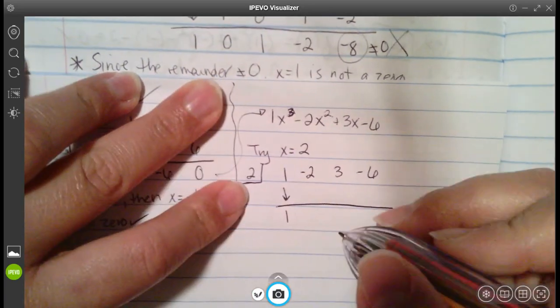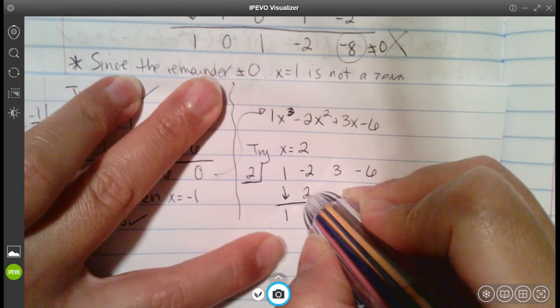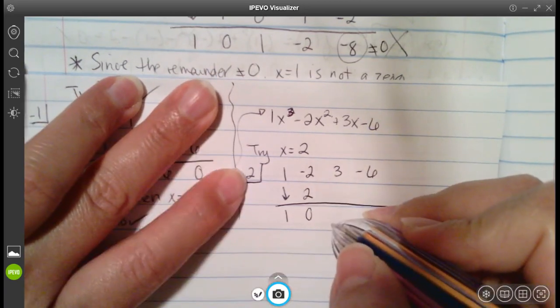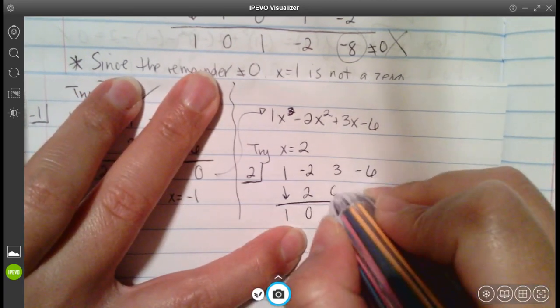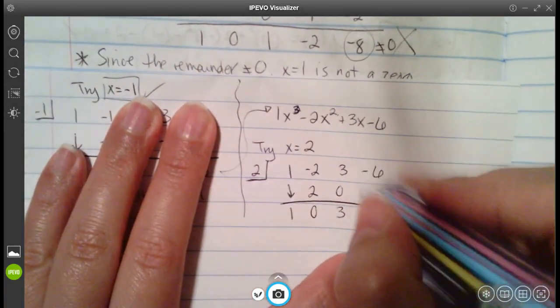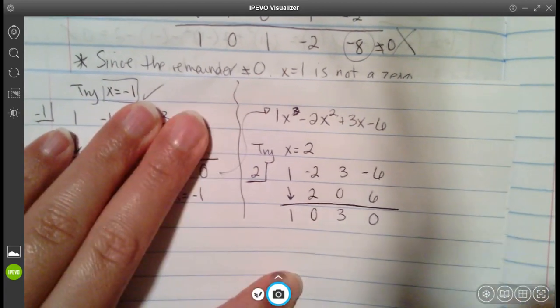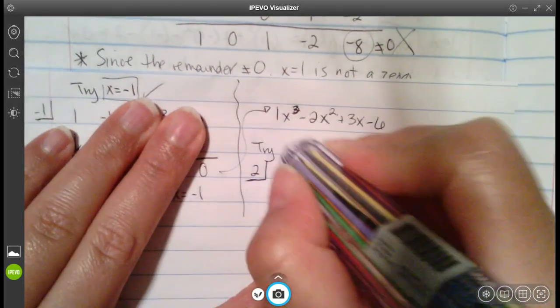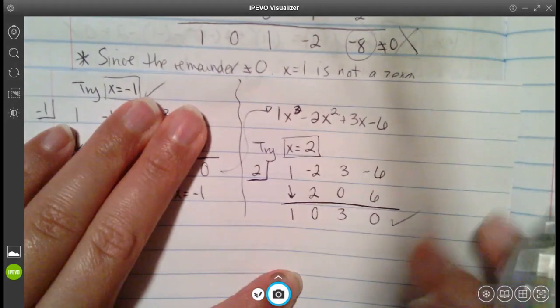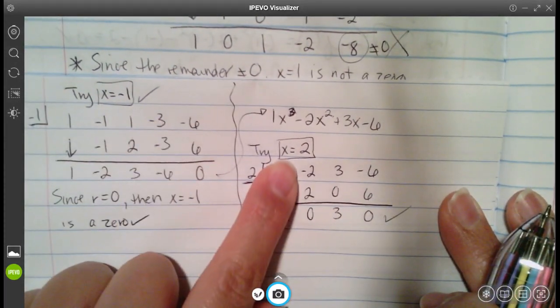Bring down the 1. 2 times 1 is 2. -2 and 2 is going to give me 0. 2 times 0 is 0. That gives me 3. 2 times 3 is 6, and that gives me a 0. So we found another 0. See how cool this is? So far we have x equals -1 and x equals 2.